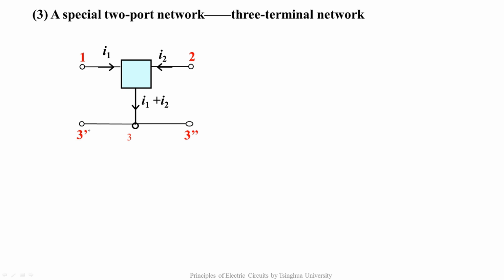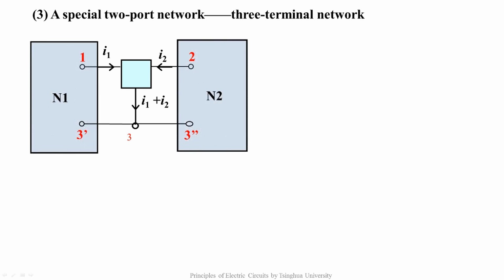Change terminal 3 into a common terminal. Terminals 1 and 3' form a port connecting to the subcircuit N1. And terminals 2 and 3" form another port connecting to the subcircuit N2.